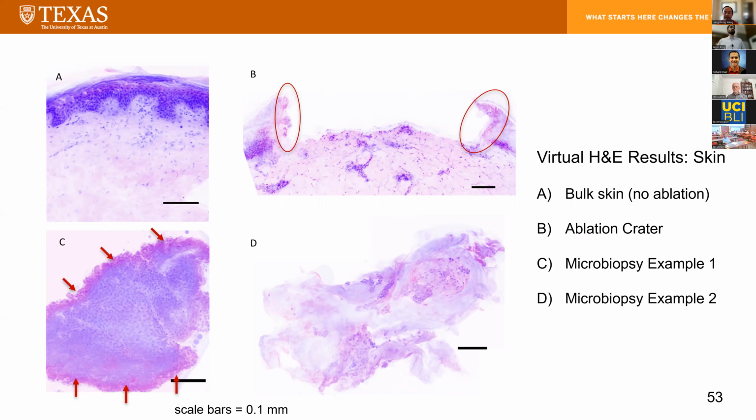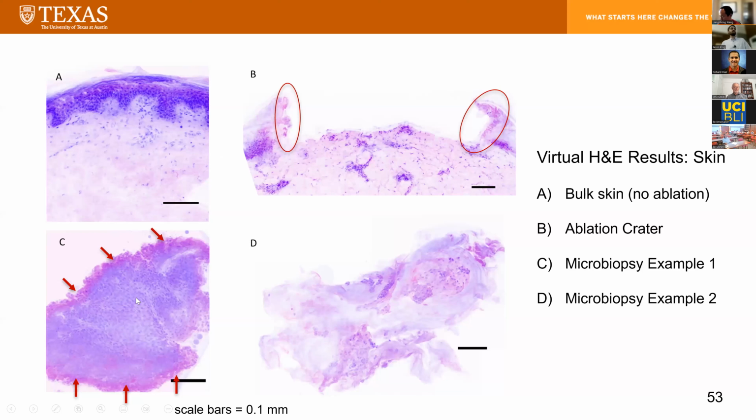Yeah. So our goal in these experiments was to try and preserve the tissue as best we could. Because we didn't measure the temperature directly, we decided to use this microscopy as the analysis to determine if we were getting too much damage or not. For example, in this image here in C, we only saw evidence of thermal damage in the microscopy at the edges, where the middle looks largely preserved.